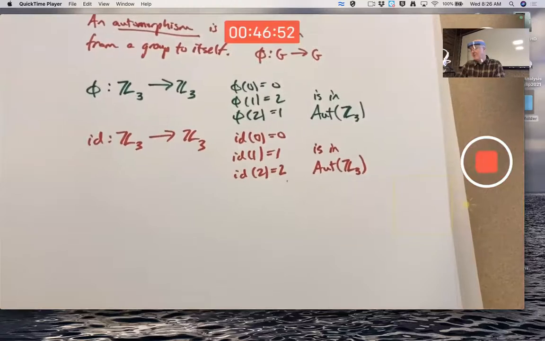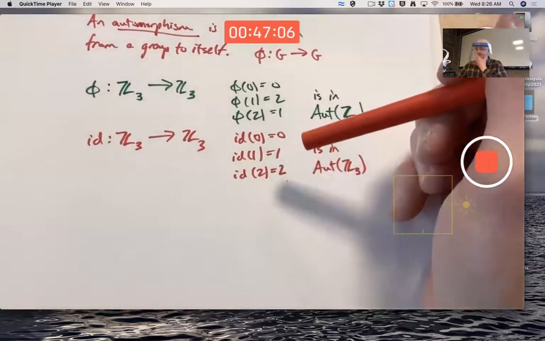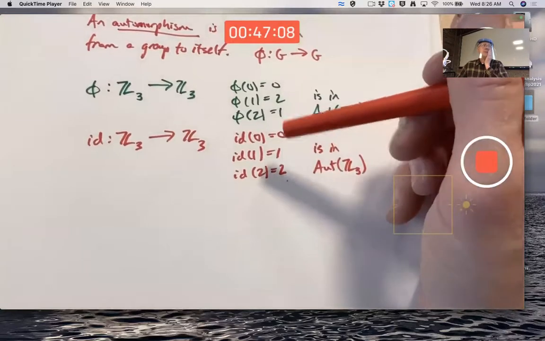Are there any other elements in Aut Z3? No, there aren't actually. And that's based on these theorems that we were just looking at. Well, Z3 is cyclic.